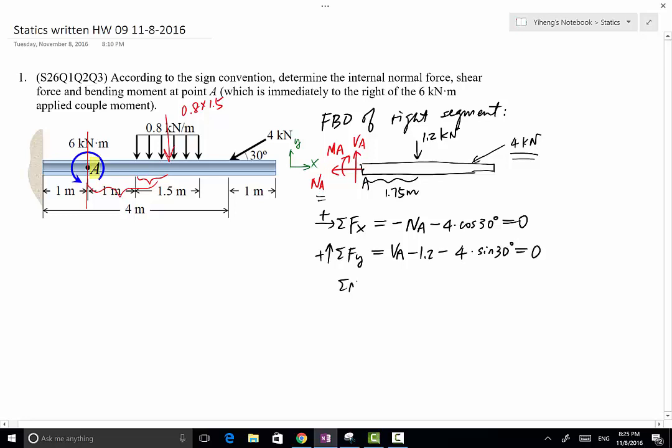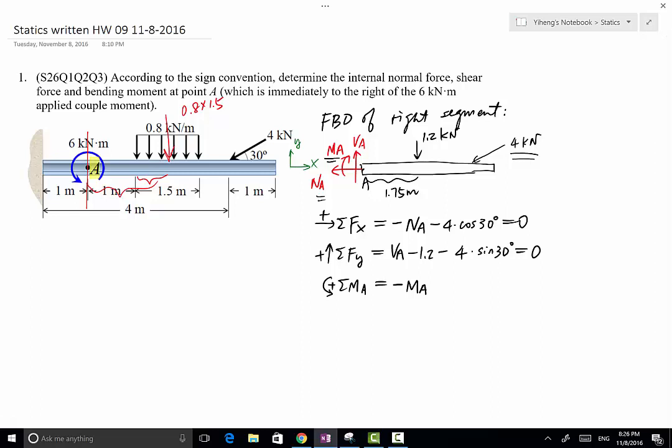And lastly, resultant moment about point A. We always write the resultant moment about where we section the member, because this way the unknown VA, the shear force, does not create moment about point A. And again, still following the sign convention, counterclockwise is positive. Therefore, this MA right here is our unknown bending moment. It is clockwise, therefore it's negative MA. Shear force VA does not create any moment about point A.